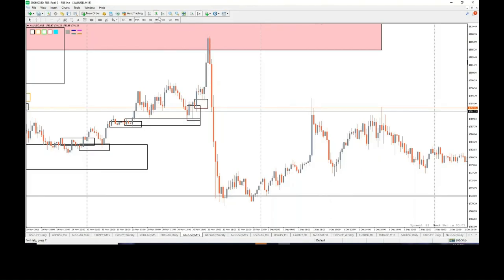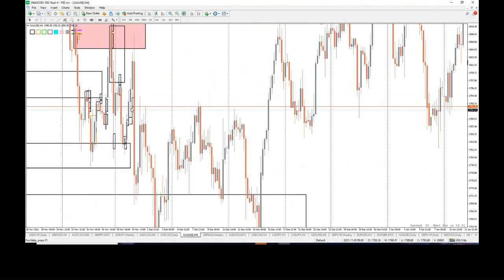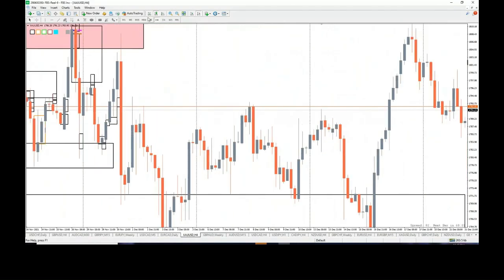This is what I'm talking about when you have to use M5, M1, or M15 for confirmation. This is news. When there's news, price always goes boom, just like that. There's fast momentum.